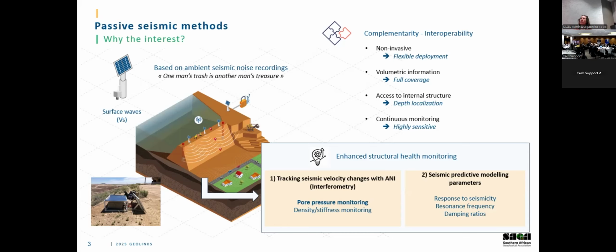You'll have to go and look it up. There's not enough time. And with this, we will show how we can monitor pore pressure changes. And the other area of information, which I hope I can get to briefly, is that we can extract from the same data set certain geotechnical parameters like resonance frequencies and damping ratios.